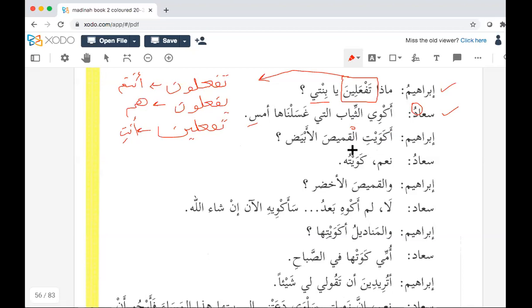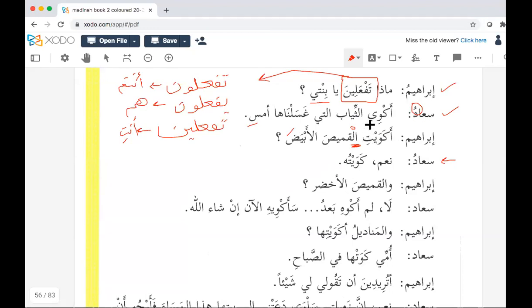You have to say the kasra on the lam, and you put the fatha in the right place this time. Did you iron the white shirt? And she replied, نعم، كويته. Barakallahu feek. Na'am, kawaytuhu.